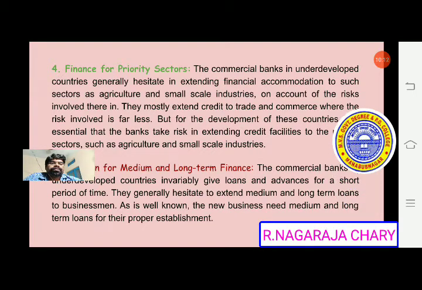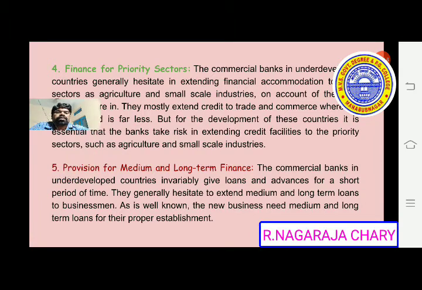So next one, provision for medium and long term finance. The commercial banks in underdeveloped countries invariably give loans and advances for a short period.